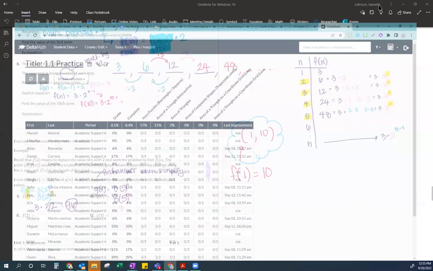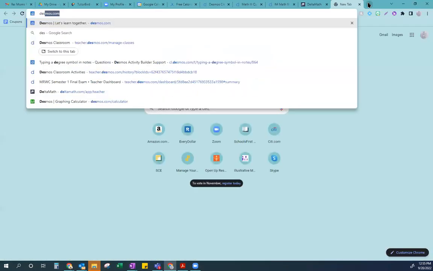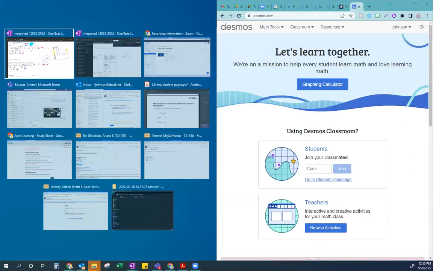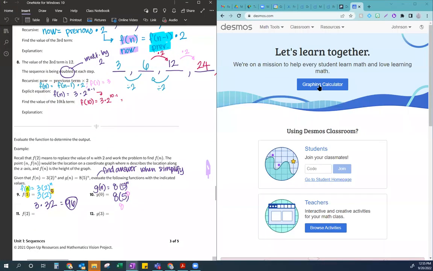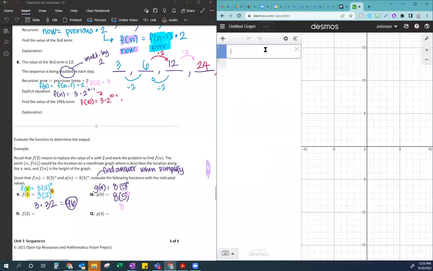I'm going to be using Desmos because that's my favorite. I'm going to plug that in exactly as I see it. So 3 times 2 to the, and that little arrow, in case you don't know, is shift 6, to the n minus 1.